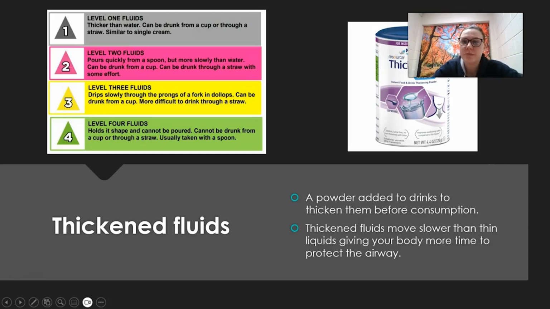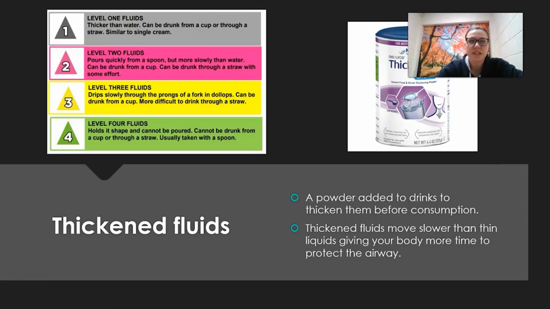So this is one example of a thickener that can be prescribed called Thicken Up, and it's a powder that you add to your drink before consumption. So the idea of this is thickened fluids move slower than thin fluids in that swallowing process, so it gives your body more time to protect the airway.